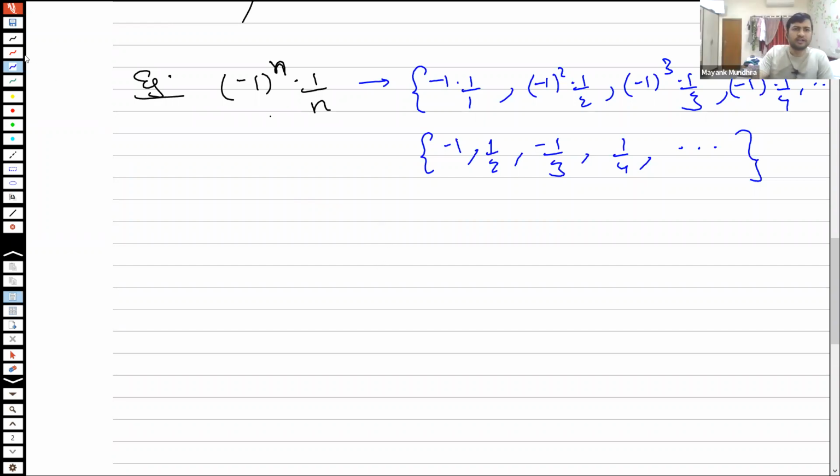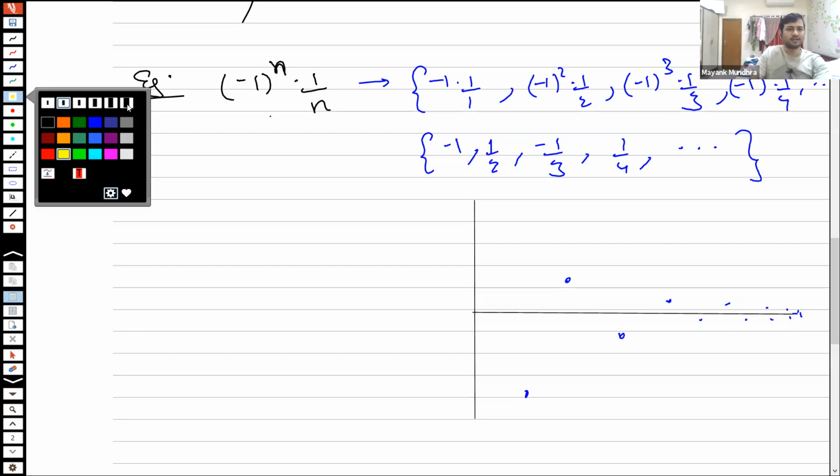Very good. One good way is that you can draw the numbers and see where they are heading. -1 is here, -half is here, -1 by 3 is here, and so on. So they are getting closer and closer to 0.